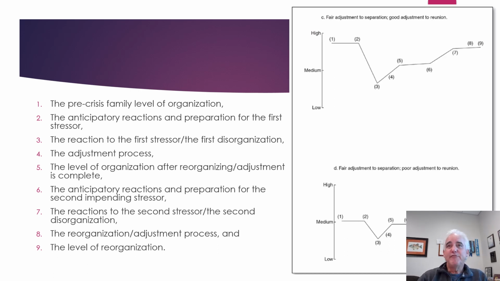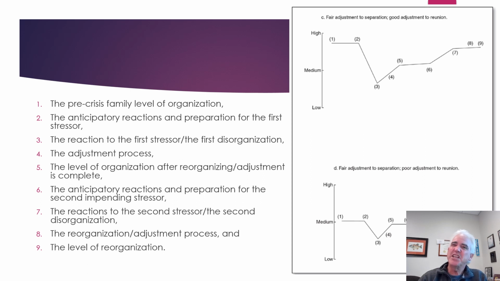C is a fair adjustment to the separation, and then a good adjustment to the reunion. Now you notice that they have the first crisis, and they start to come back, and then the soldier leaves again, and then they have a reunion, and then they recover, but not quite to where they were before. In D, the fourth one, the one at the bottom, you have a fair adjustment to separation and a poor adjustment to reunion.